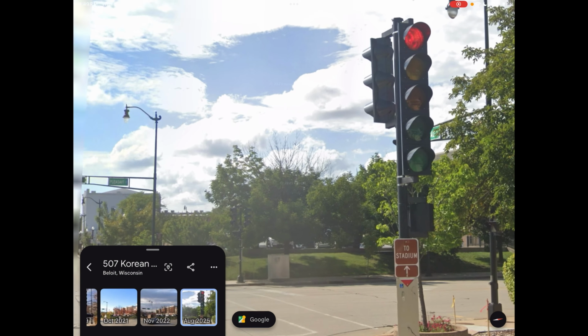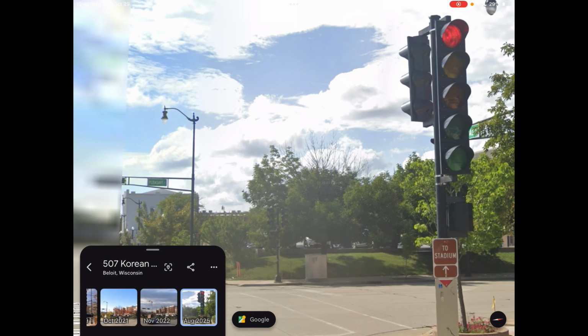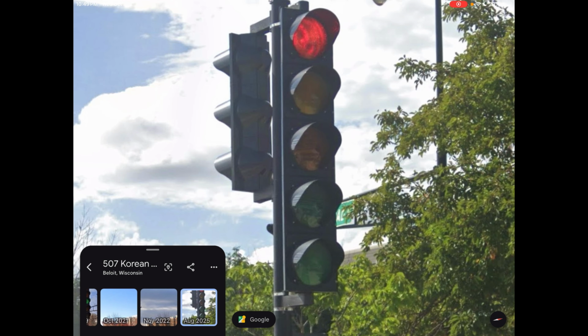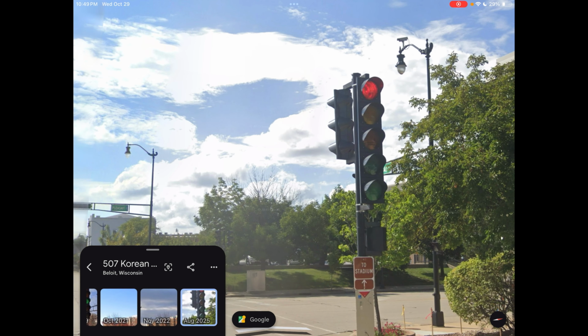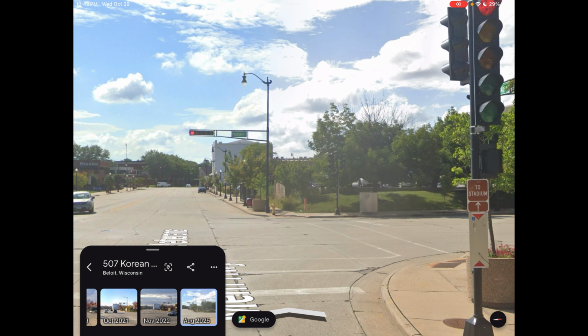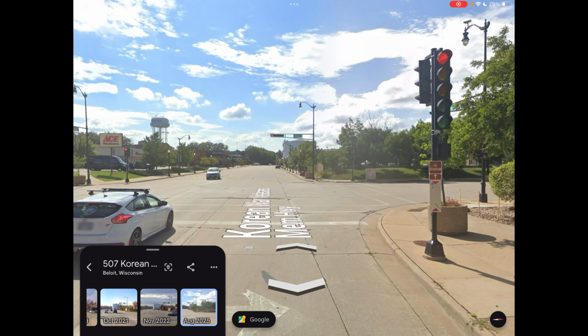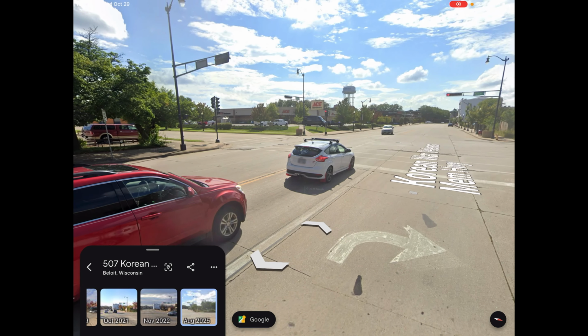Yeah, this is one of those signals placed vertically. Just like how the traffic light on White Avenue is just a usual left turn cycle. Basically that, but horizontally.